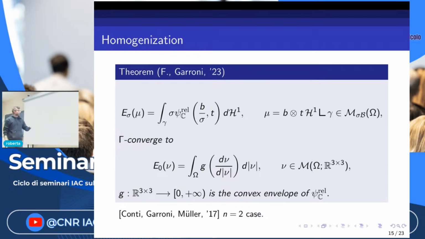And given this relaxation step, in the end what you get is a plastic energy with a density which is again, as I just said, the relaxed energy with respect to the C_rel. But now, and this is important, the limiting functional is not defined on dislocations supported on lines.